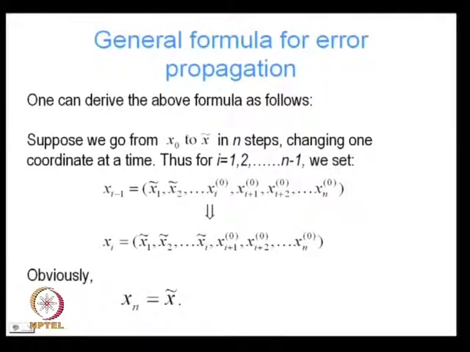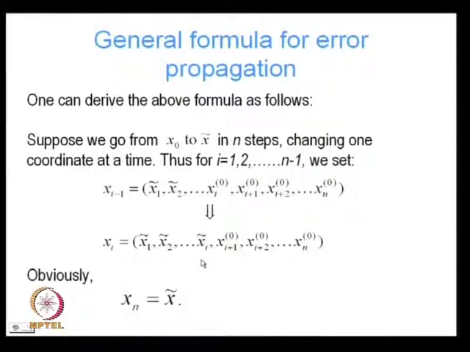At each step we change one of the individual variables to its approximate value. For instance, when we go from step i minus 1 to step i, we change xi0 to xi tilde. Otherwise, all the independent variables have the same value between step i minus 1 and step i. It is only the independent variable xi which changes value from xi0 to xi tilde.